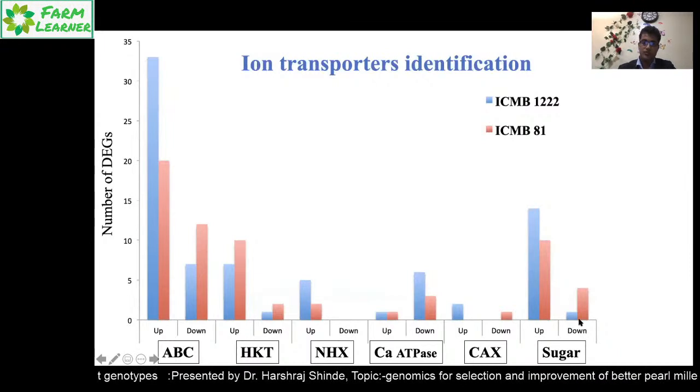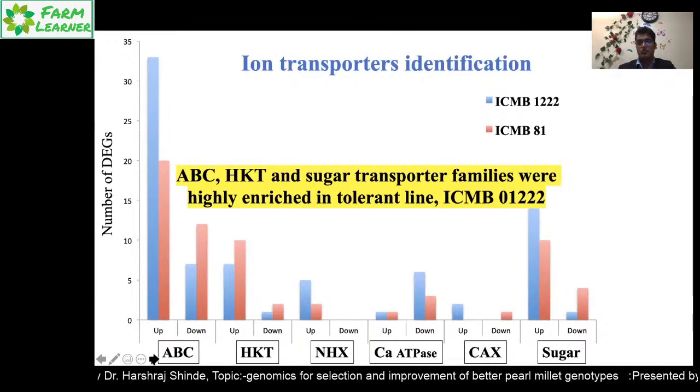So here also, if you see, these transporters show very high upregulation in the tolerant line as compared to the susceptible line. So here again, I would like to emphasize that the more the expression of these genes, the better the tolerance of that genotype. You can see almost all families showed very high enrichment in the tolerant line ICMB0122.